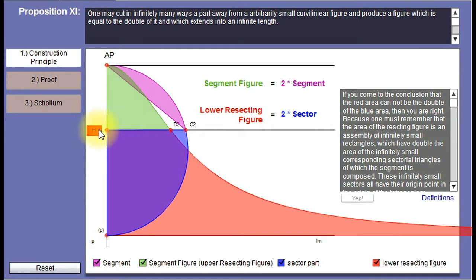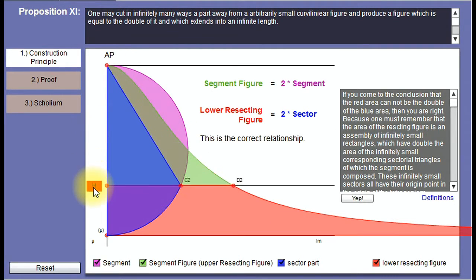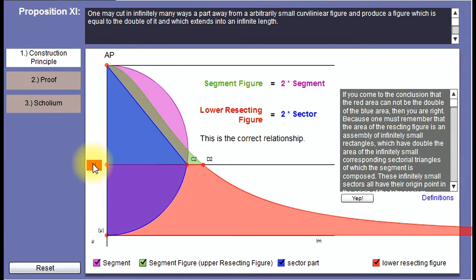Hence the areas relate to each other like this: it is the blue sector we've drawn out now that is the correct area, which is exactly half the size of the lower part of the resecting figure.